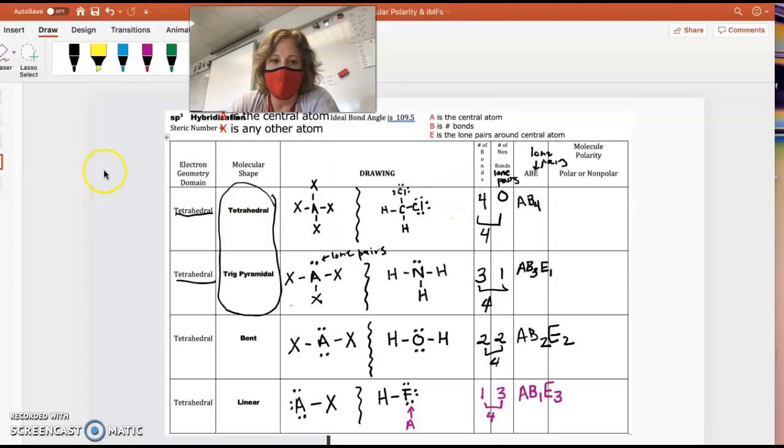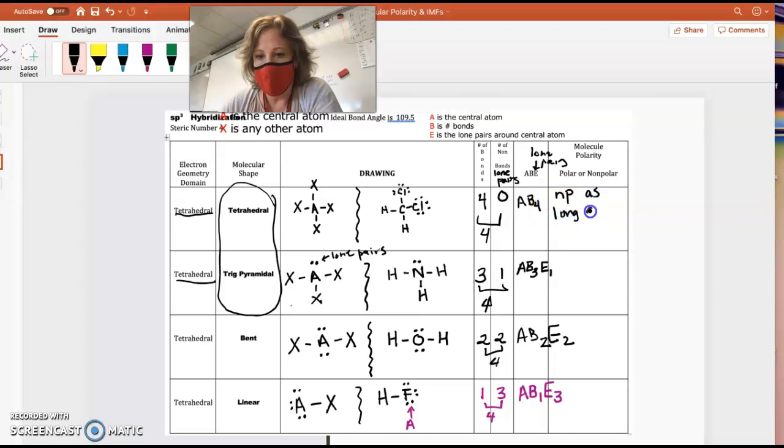So I want you guys to take out your notes, or if you printed this sheet from when we did molecular shape, and now we're going to fill out this column. So tetrahedrons are nonpolar as long as the atoms around the central atom are the same.